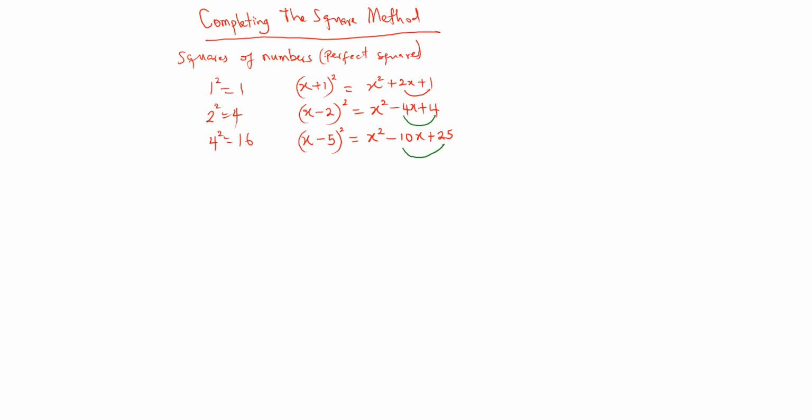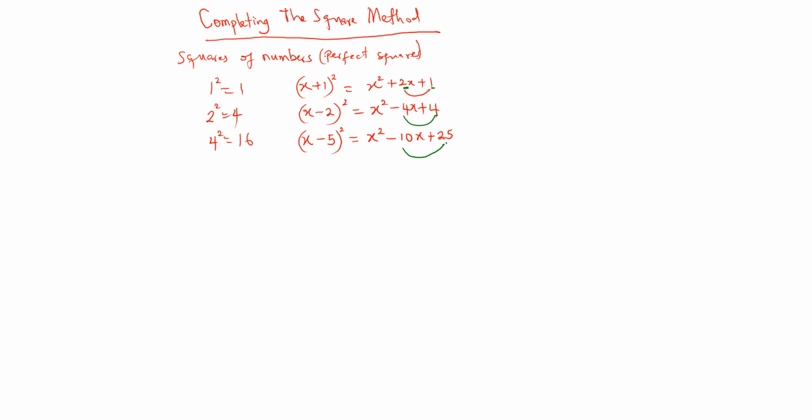From there, you lead them to knowing that the third term can actually be gotten from the second term. If you look at the second term, divide it by 2 and square it, you have the third. If you divide minus 4 by 2, you have minus 2, square it, you have 4. Minus 10, if you divide it by 2, you have minus 5, square it, it will give us 25.